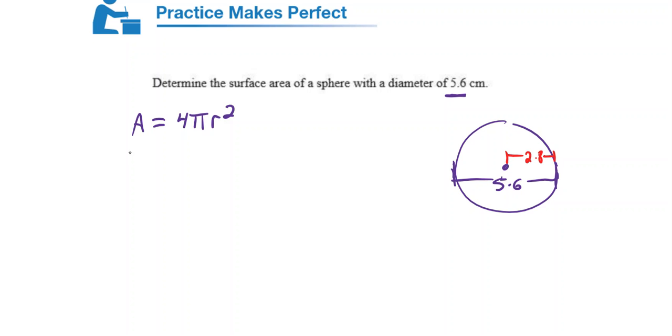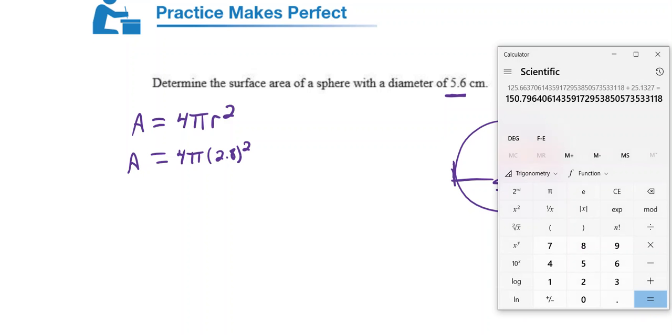Now round it to the nearest tenth. The area is equal to 4 times pi, and instead of an r, what am I writing? 2.8, squared. That's pretty much it for writing things out, so let's get our calculator.